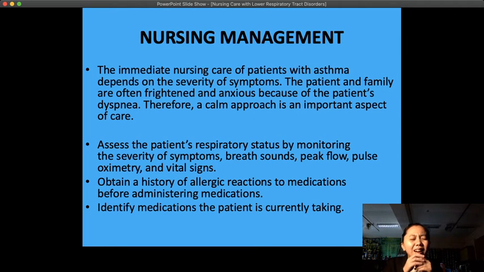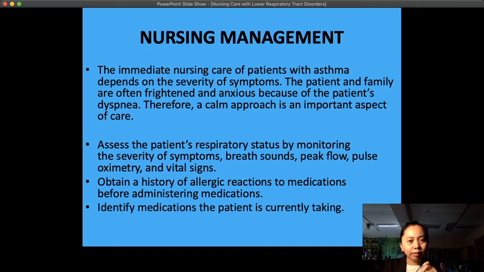So, ayaw paghikalimot, may asthma na nga siya, di ba? Check kung allergic ba siya sa antibiotic, check kung allergic ba siya sa mga medications na ihahatag. Kay kung allergic siya, di natin ihahatag. Okay? These things are life-threatening.